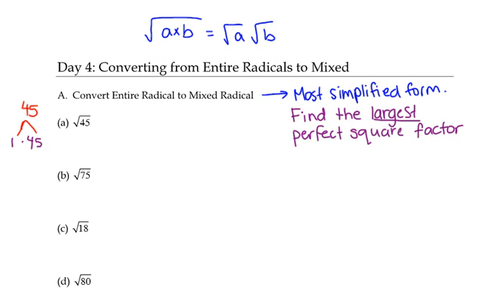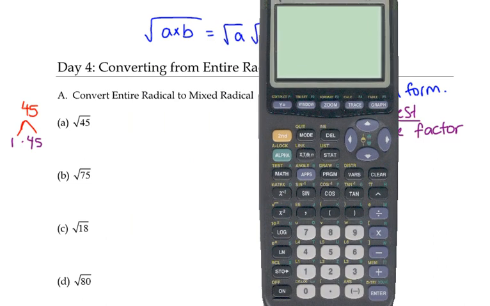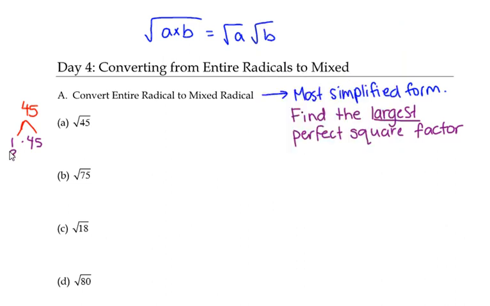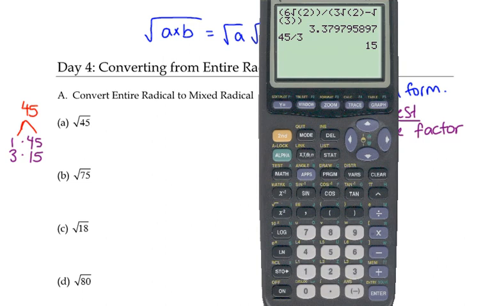Does 2 go into it? No. Does 3? Yes, 3 times 15. Then does 4 go into 45? No. It's not prime factors, it's just the factors, and we want only whole numbers. 5 times 9.